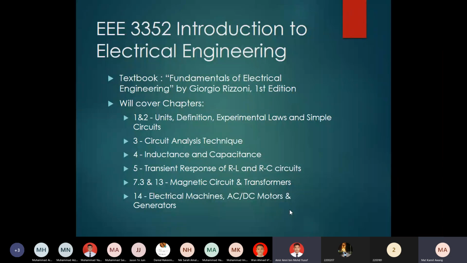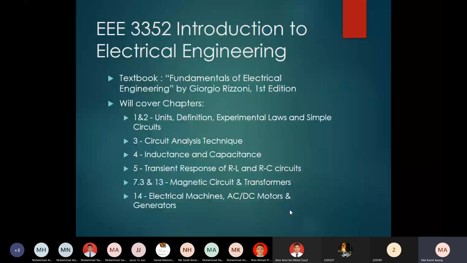Then we go to chapter 4, which deals with inductance and capacitance. Then after that, chapter 5 on transient response of RL and RC circuits. R is basically a symbol for resistance, L a symbol for inductance, C a symbol for capacitance. So we'll deal with the transient responses of RL and RC circuits.